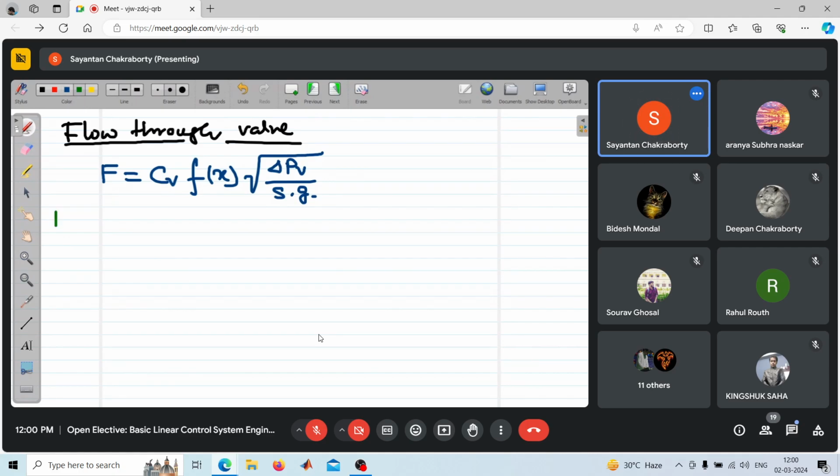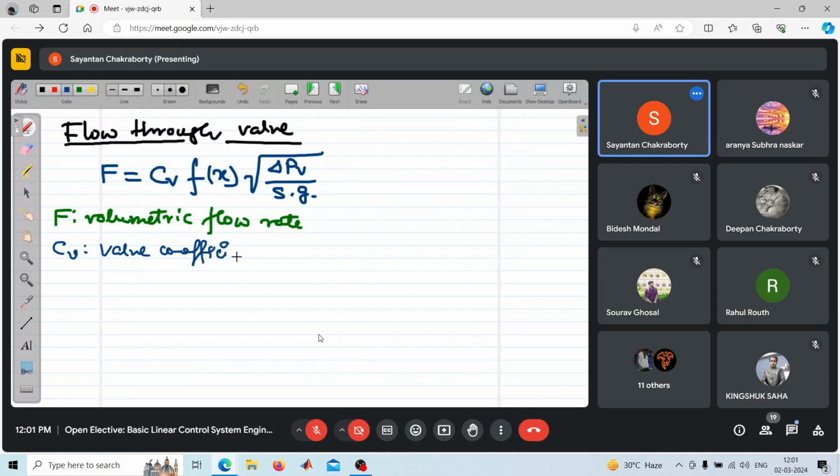Then Cv is the valve coefficient. Then fx is the flow characteristics, I'll come to it later.